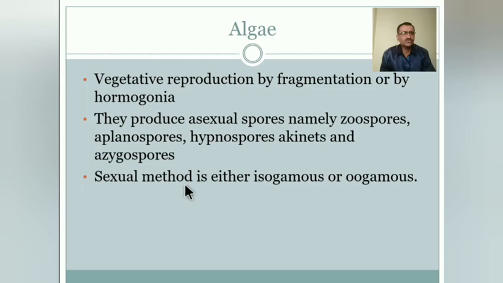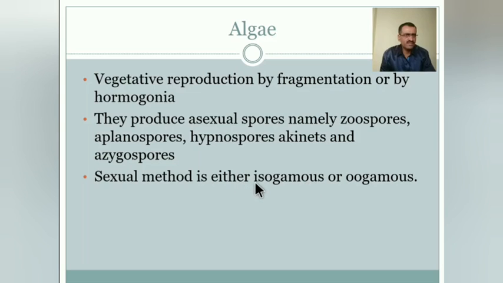And in the sexual method, it is isogamous or oogamous type. In isogamous sexual reproduction, the male and female gametes are the same in structure. Iso means same, gamous means gametes.